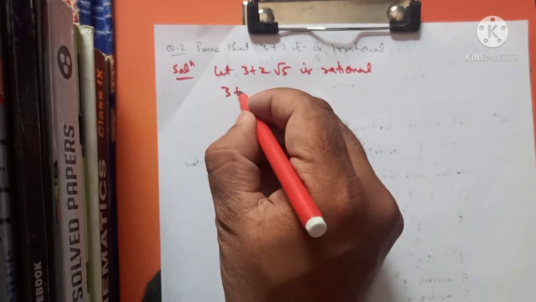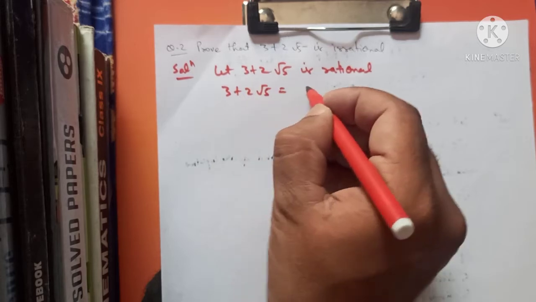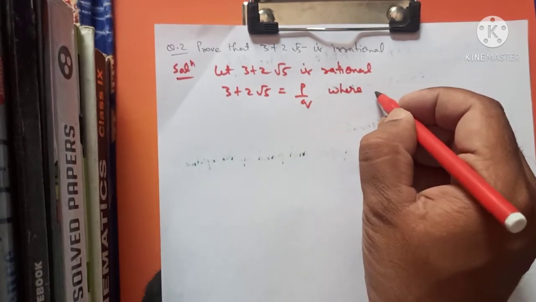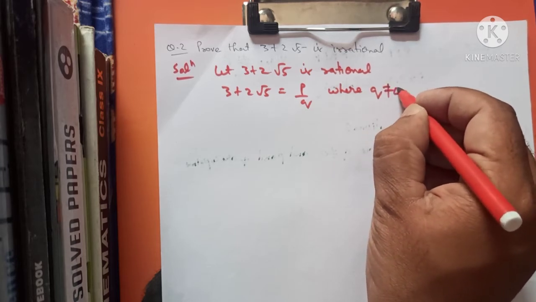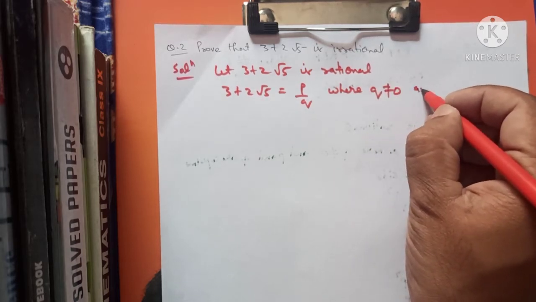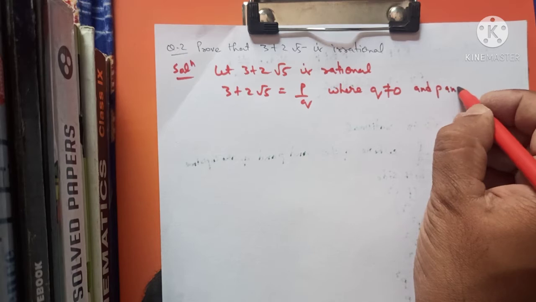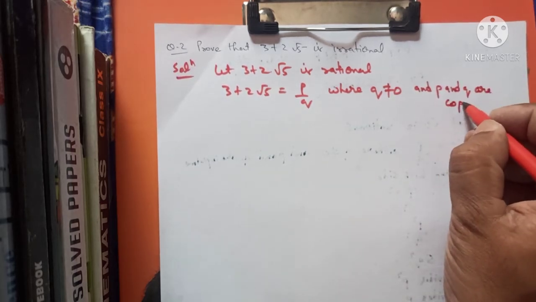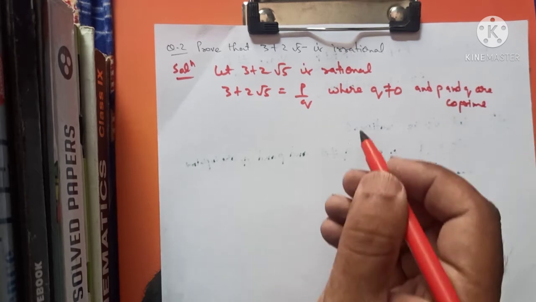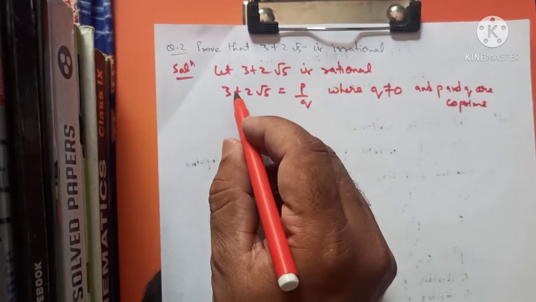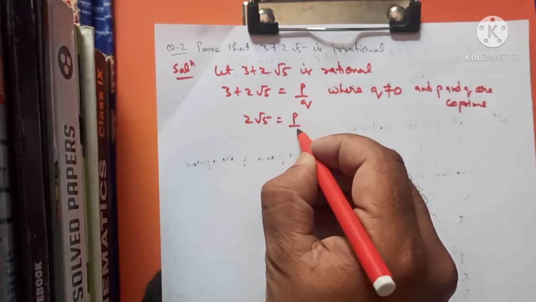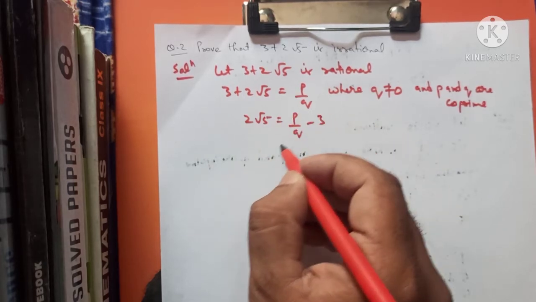Then 3 plus 2 root 5 is equal to p upon q, where q is not equal to 0 and p and q are co-prime. Now if we take this 3 to the other side, 2 root 5 will be equal to p upon q minus 3.